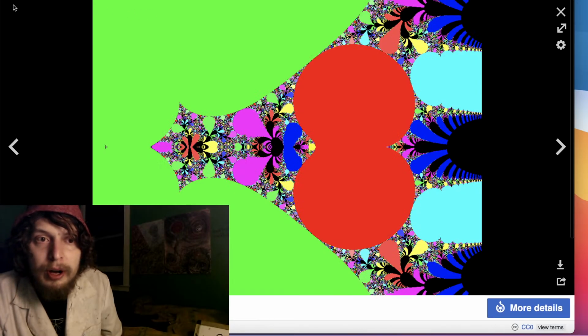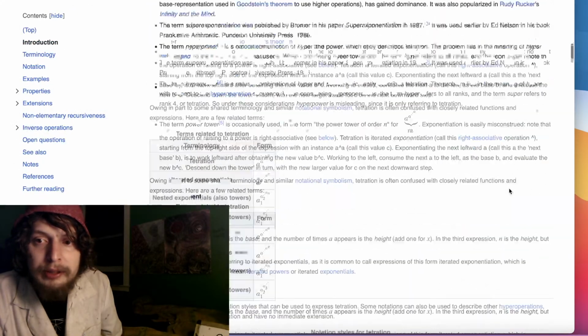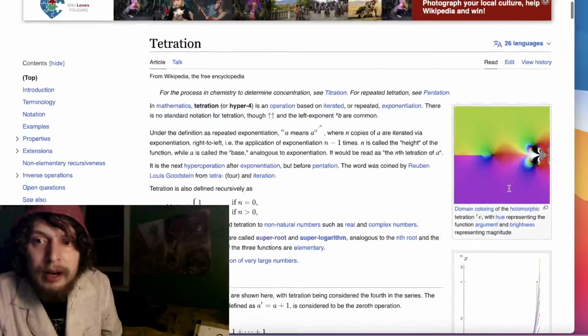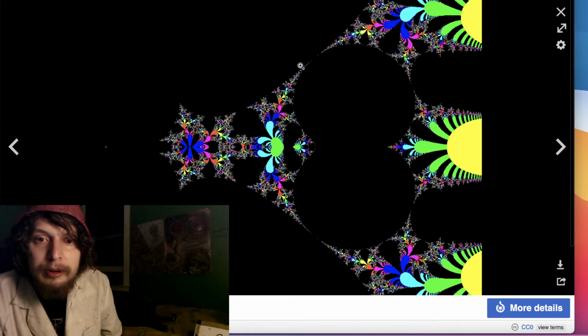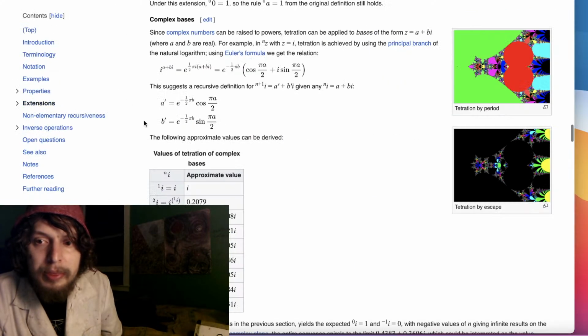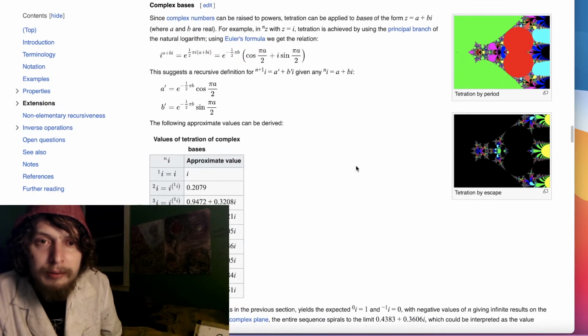Then there's a similar one. That's the periods, and this is by how quickly they escape to infinity, the ones that do go to infinity. Tetration by period and tetration by escape, they call it here. And these are some interesting tetrations, like i tetrated 2 is that, i tetrated 3 is that, and so on.